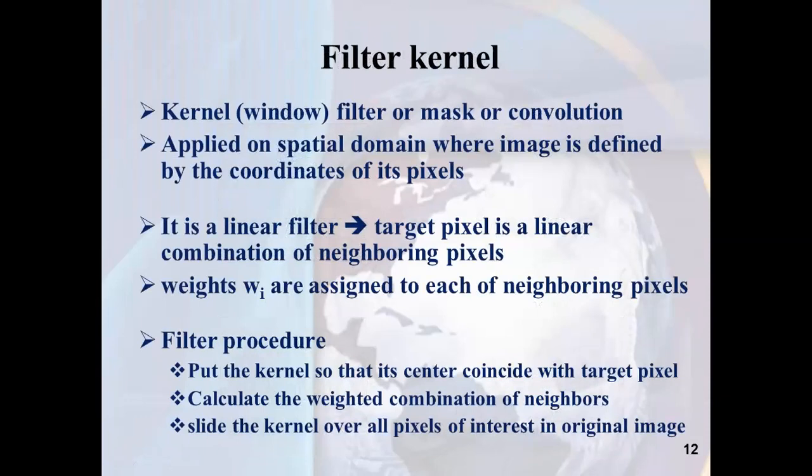So الفلتر kernel or kernel هو الويندوز اللي عم نحكي عنه احيانا بنسميه mask filters or convolution. And this is applied on spatial domain, as we said, where image is defined by the coordinates of its pixels. So we apply the kernel on the pixels. If the filter is linear, معناتها target pixel have a linear combination of neighborhood pixels.